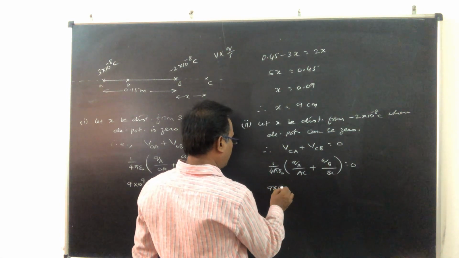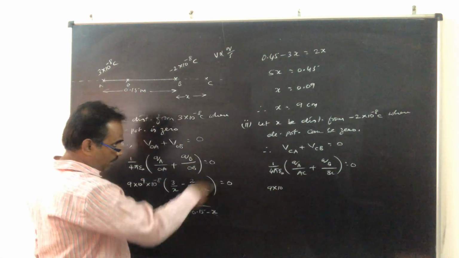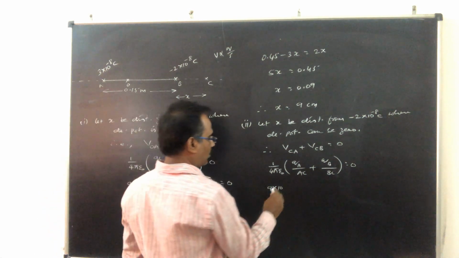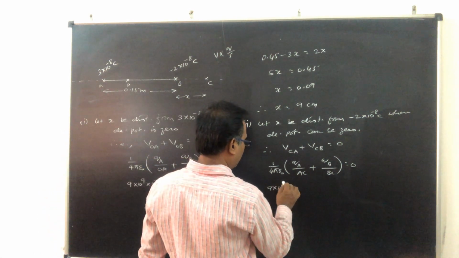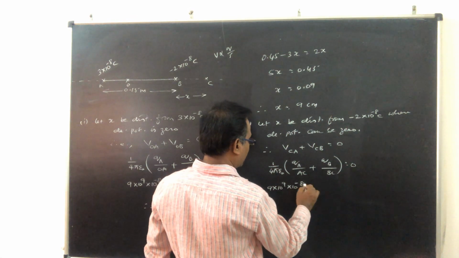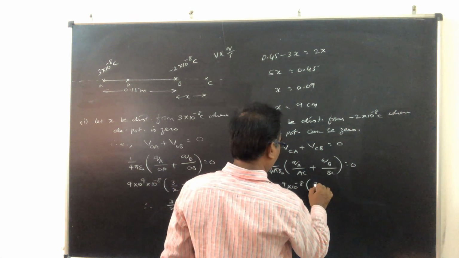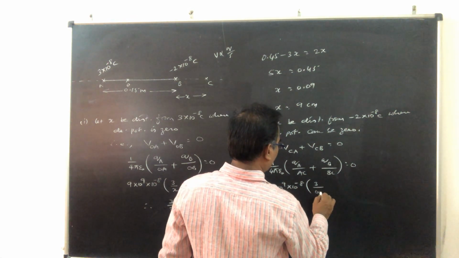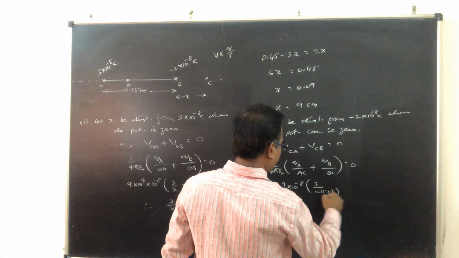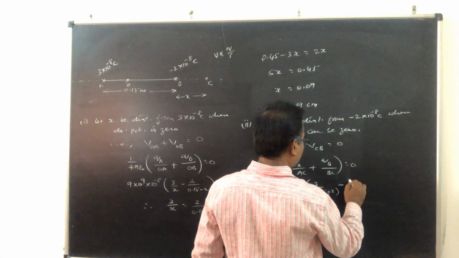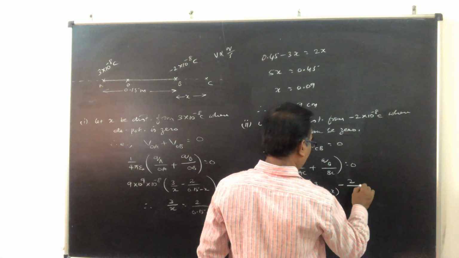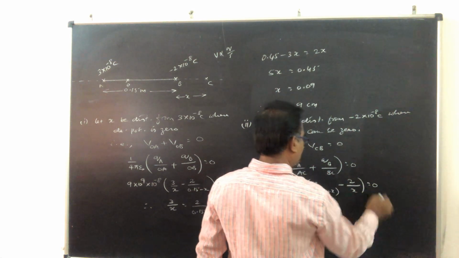So again, if you do a similar type of calculation here, 9 into 10 to the power of 9 into 10 to the power of minus 8, 3 divided by 0.15 plus x minus 2 divided by x is equal to 0.